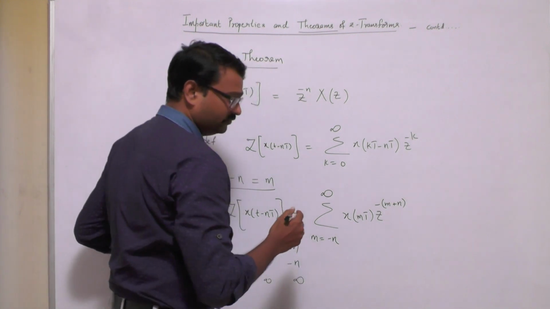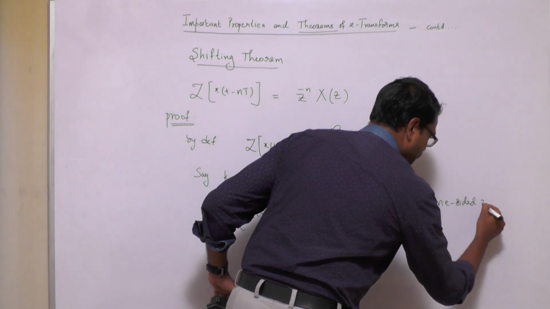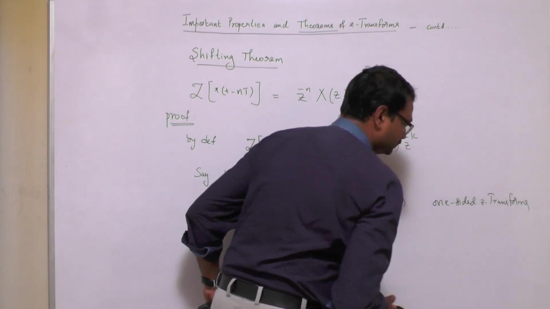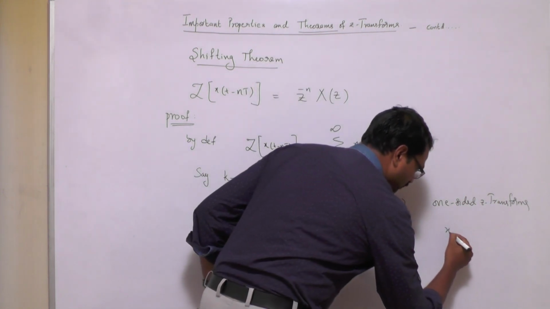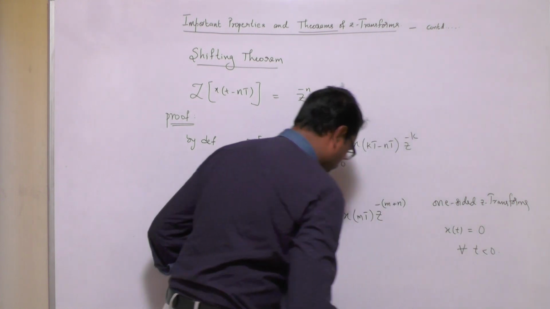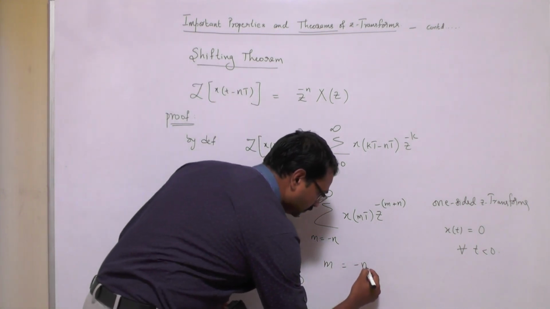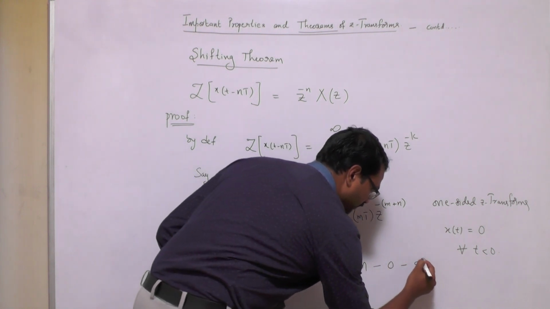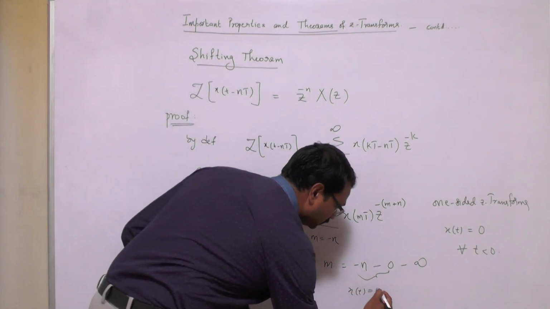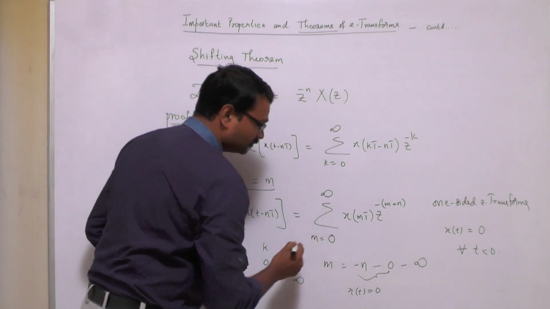Now we know that we are considering all one-sided z transforms, which indicates that x of t is equal to 0 for all t less than 0. So therefore, for all negative values of m, where m is ranging from minus n to infinity, x of t is equal to 0. Therefore, without loss of generality, we can replace minus n with 0.